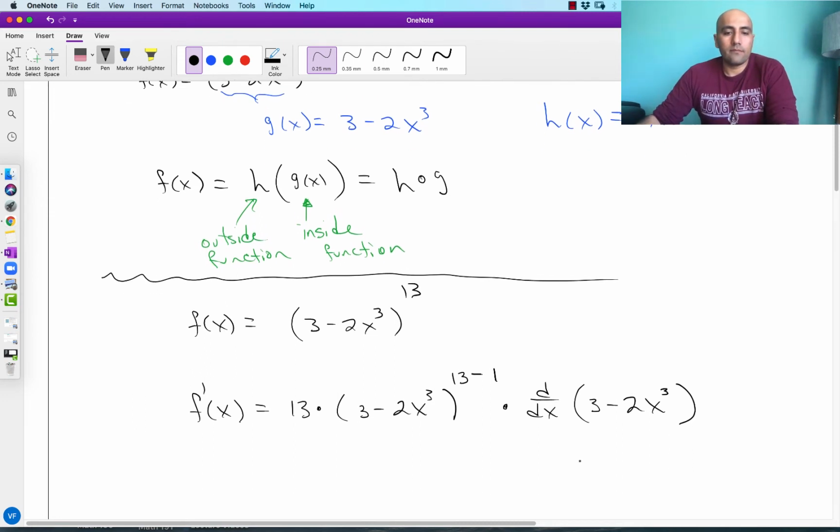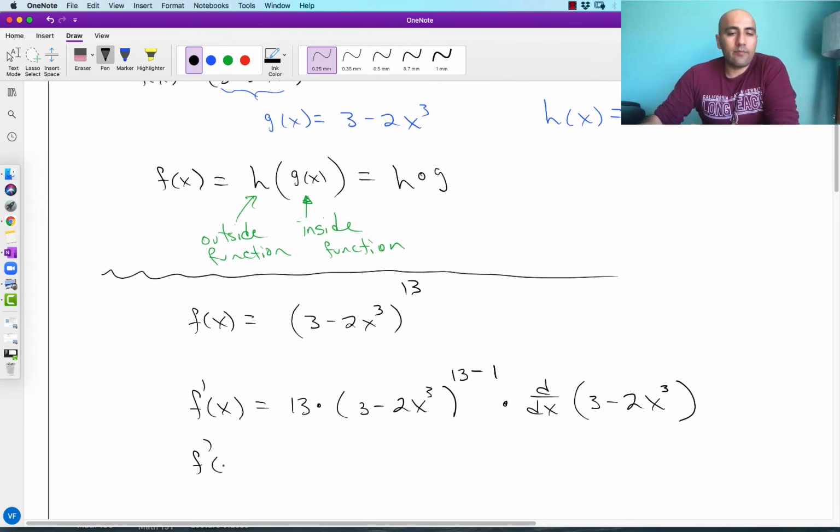Okay? So this is going to be f prime of x equals 13, and then 3 minus 2x cubed raised to the 12th power, times the derivative of this, which is going to be this, minus 6x squared.